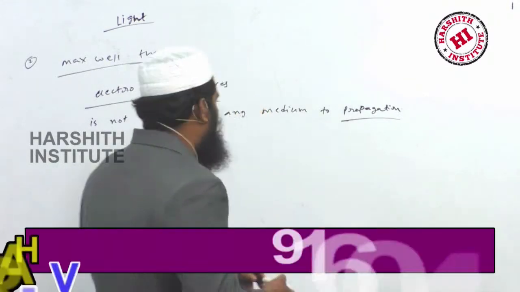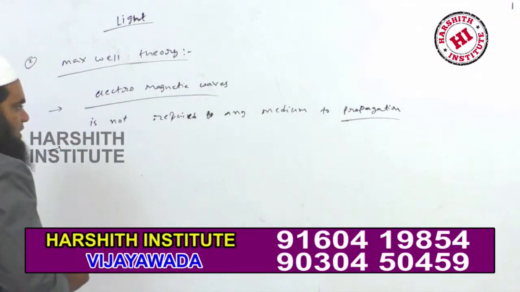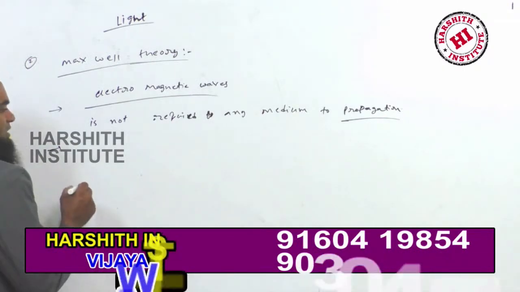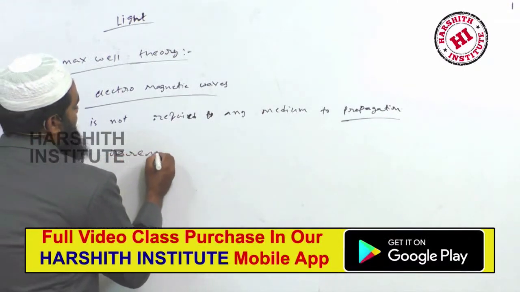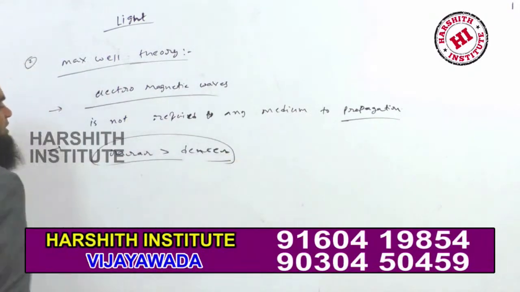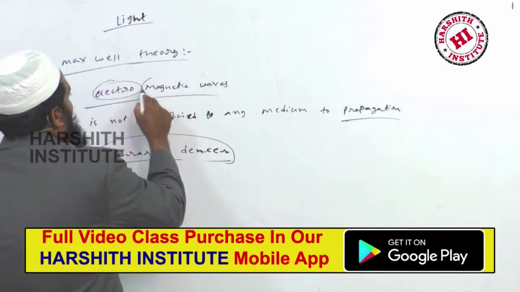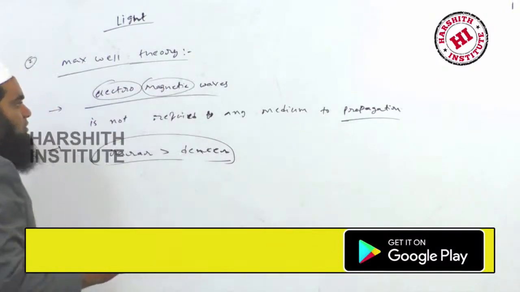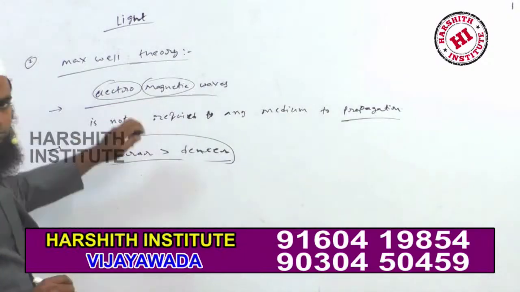So this is the first statement. The second statement given here is that the velocity of light is maximum in rarer medium. So this is the statement given by Maxwell theorem. He will give one more example based upon these electromagnetic waves. These waves can be released in between electricity and magnetism.